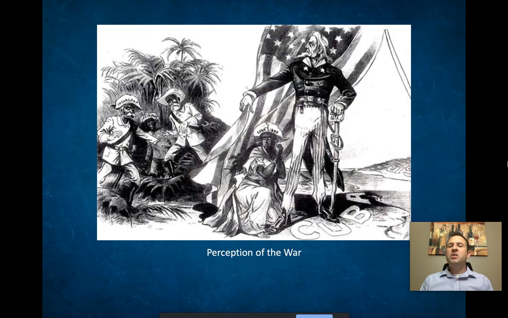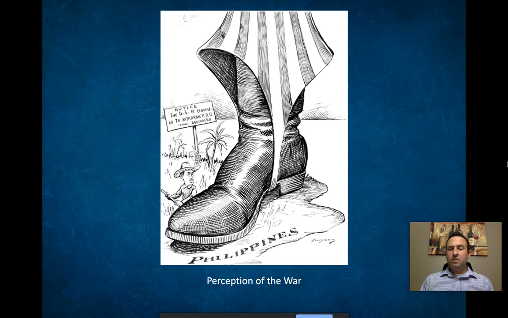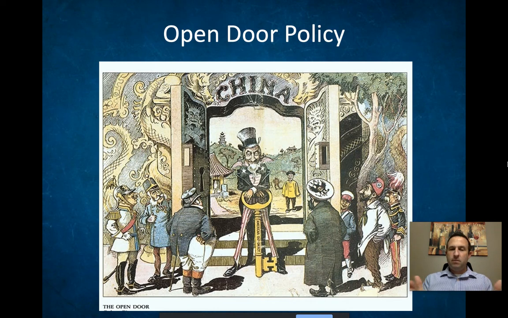Cartoons, we're shielding the Cubans from foreigners to protect them. But there's another side to it too. Yeah, we are stamping all over the Philippines. Why? Because the reality is creating a base, military base, yes, but a port in the Philippines was significant.